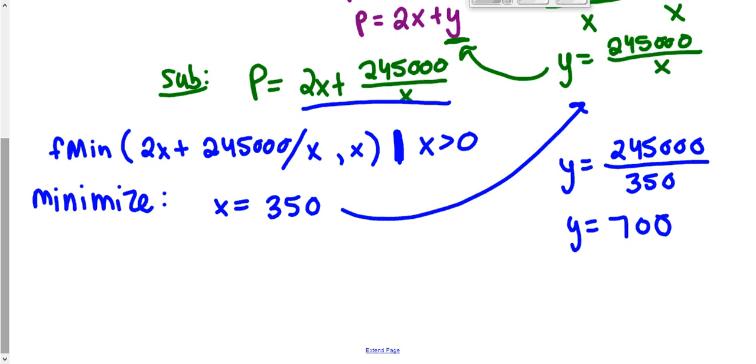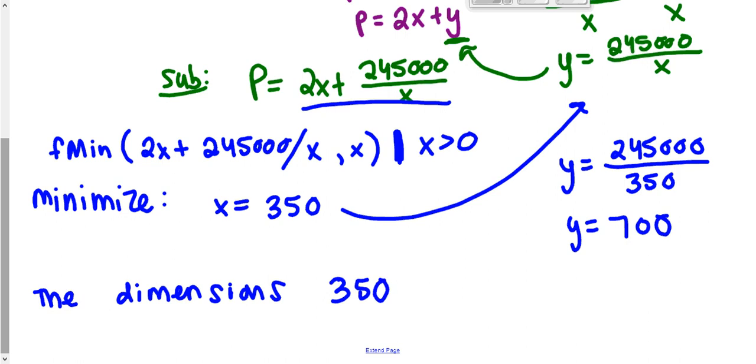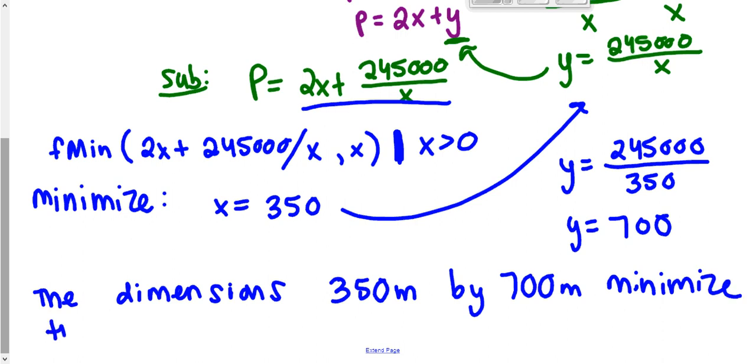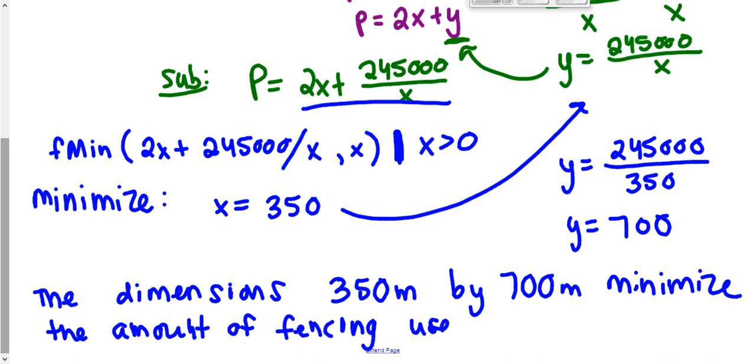So in order to answer this question, the dimensions, 350, we are in meters for this problem, by 700 meters, minimize the amount of fencing used. And we've answered the question, so that's it for this problem.